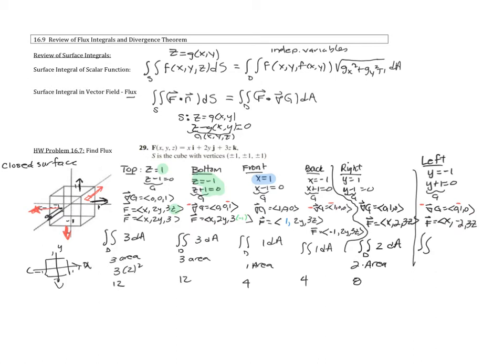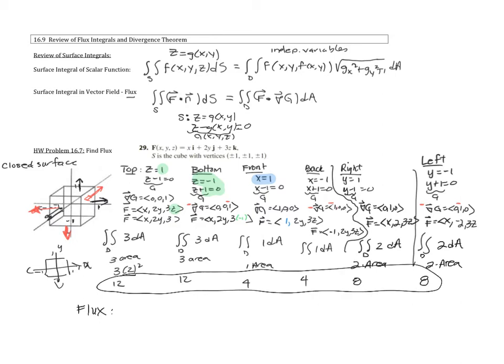So 2 dA. And so that's going to be 2 times the area, so 8. All right, and so the total flux out of this surface is to add all those up. And so if you add all those up, you'll get 48.